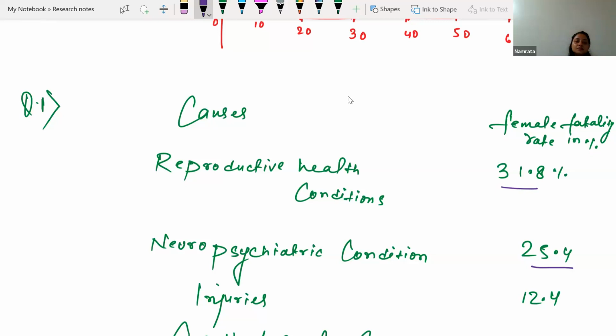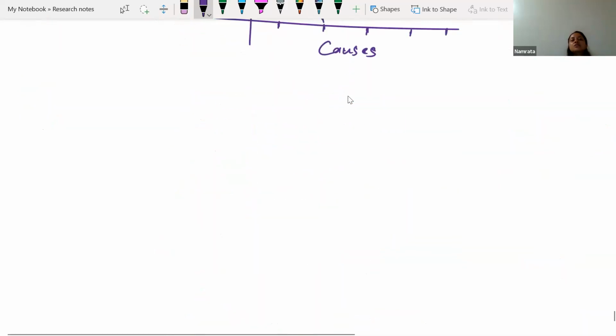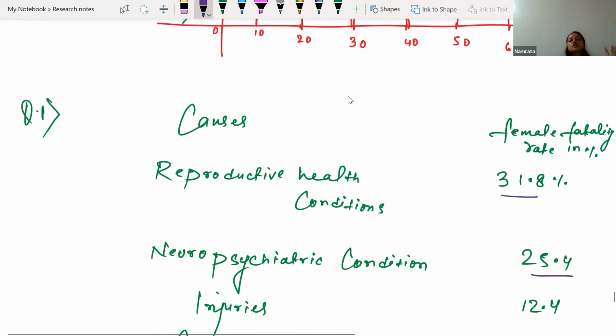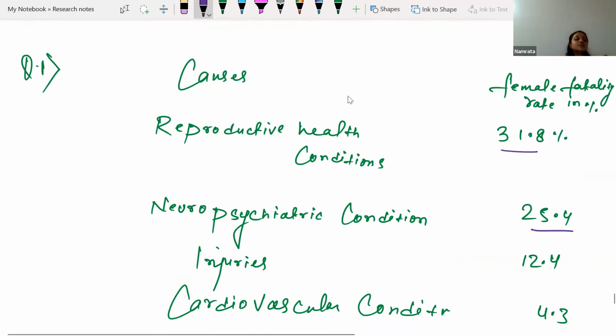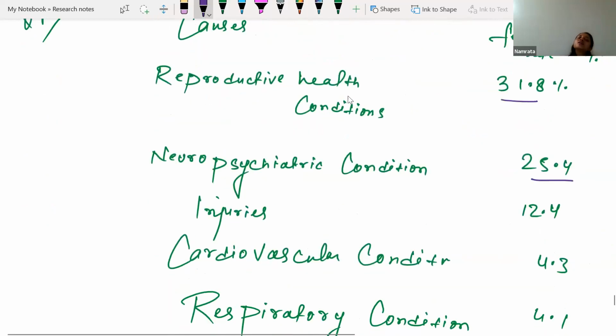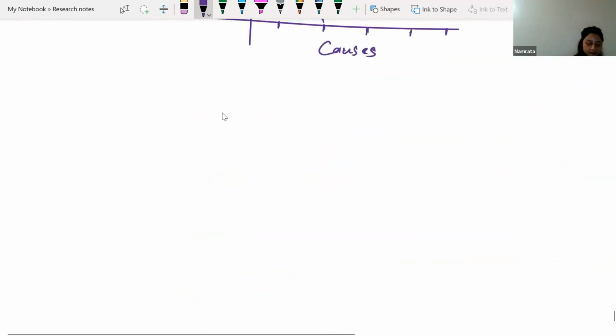You can discuss why exactly this is the major cause, what exactly is happening in the world, how we can avoid that, or which precautions can be taken. But from the exam point of view, this type of practical-based question will not come, right?